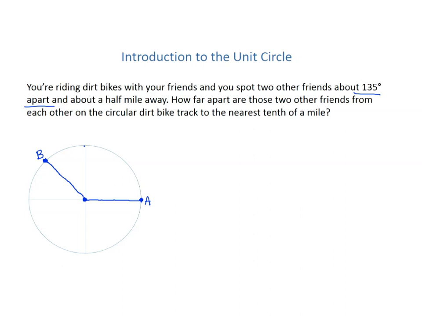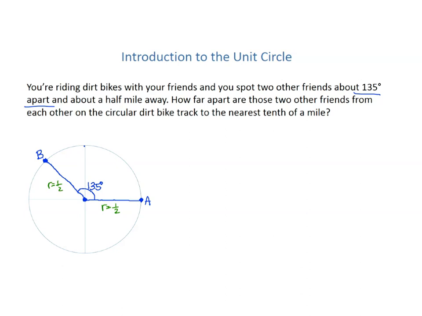So there are your two friends. They're 135 degrees apart. And about a half mile away from you. It should say from you. So we know that the radius is 1/2, right? Because each friend is about a half a mile from you.